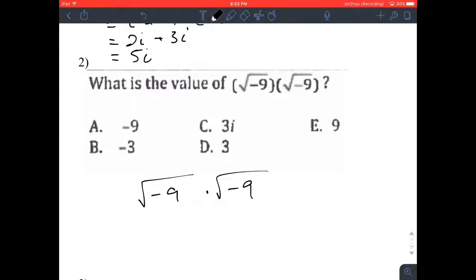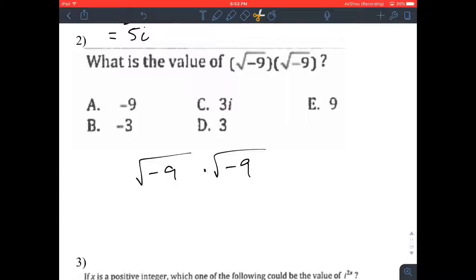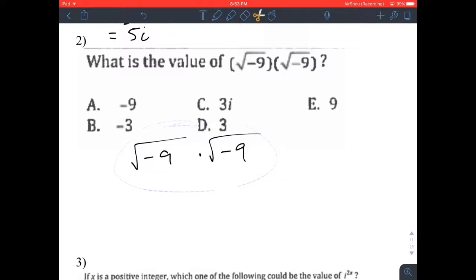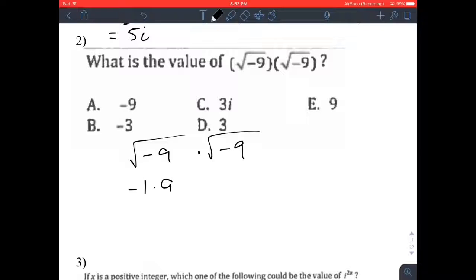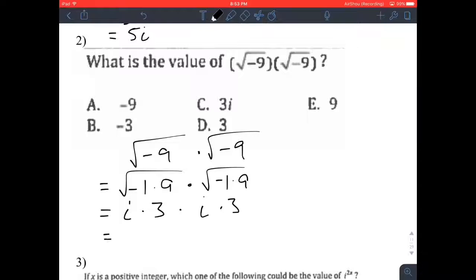If we were to rewrite this so that we have -1 times 9 times -1 times 9, the square root of -1 is i, the square root of 9 is 3. Square root of -1 is still i, square root of 9 is still 3. This is going to give us 3 times 3, which is 9, times i squared.